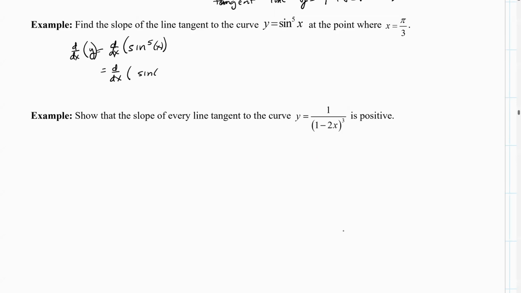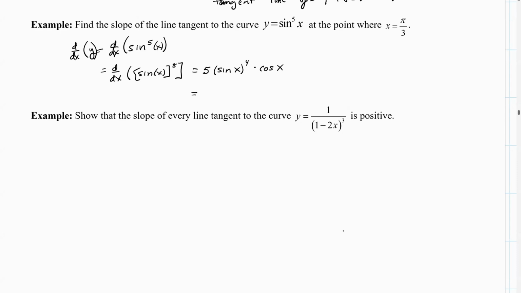The sine is the inside, and to the fifth is the outside function. So once I do that, maybe it's easier to see that the derivative is the derivative of the outside, something to the fifth. So we use the power rule, bring the 5 down, keep the inside the same, reduce the power because that's part of taking the derivative of the outside, and then multiply this by the derivative of the inside, which is cosine.